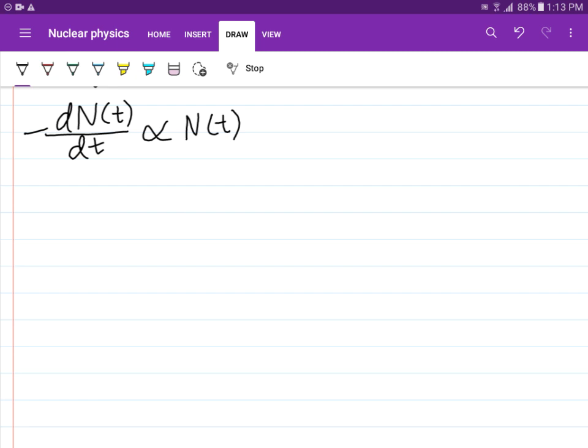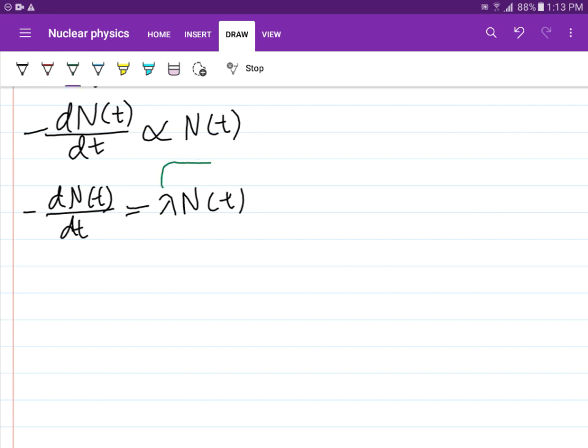So we can also write this as dN(t)/dt equals some proportionality constant times the amount of nuclei.